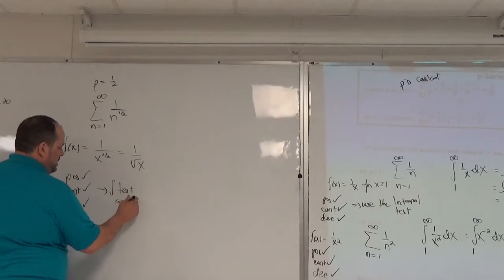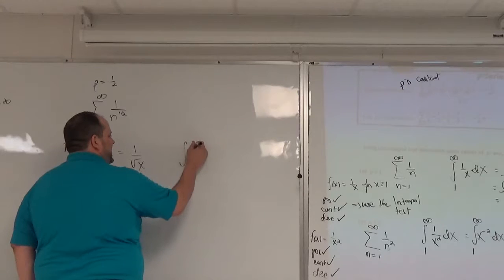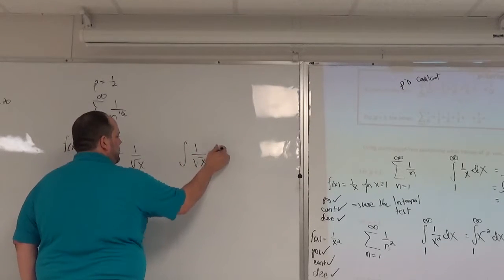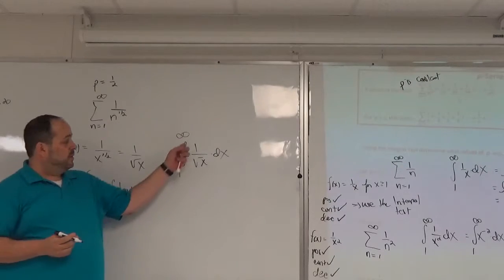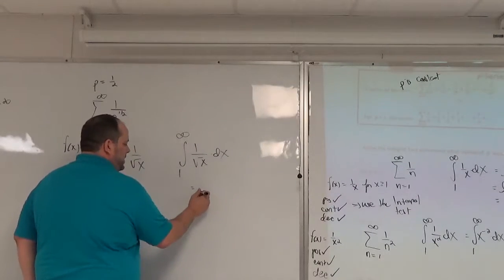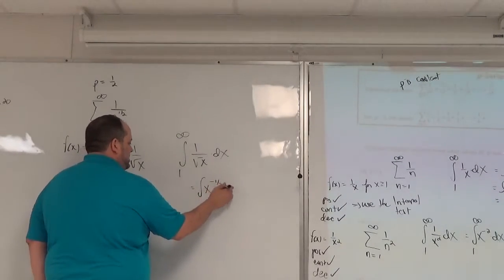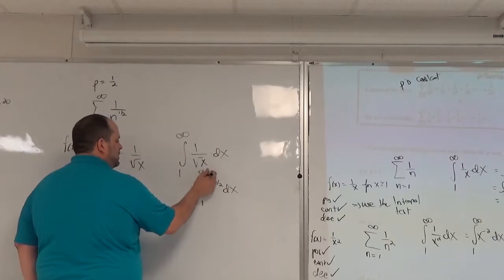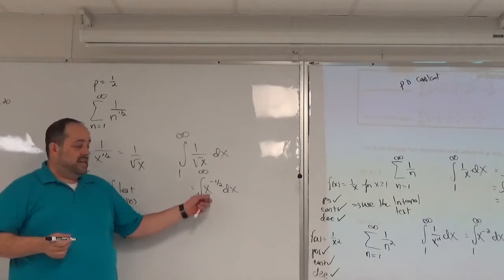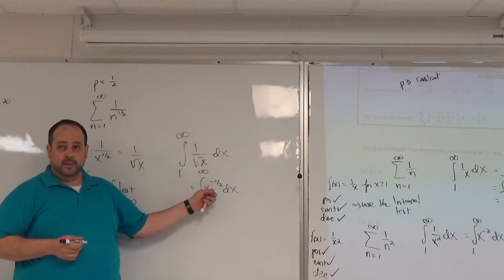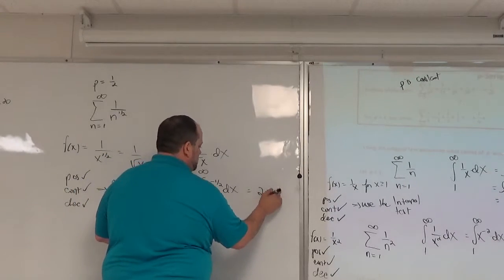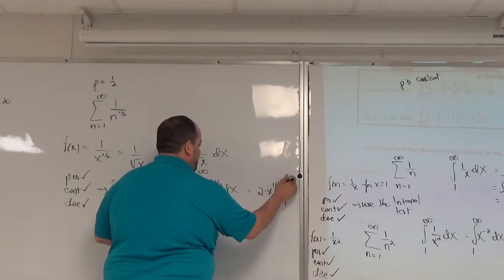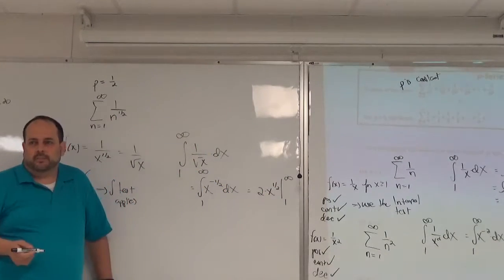Well, if the integral test applies, I integrate 1 over the square root of x dx from 1 to infinity. The integral of 1 over the square root of x, maybe you're better off writing it as x to the negative 1/2 dx. From 1 to infinity, add 1 to the power, divide by the new power, and what you're going to get is 2 times x to the half from 1 to infinity.